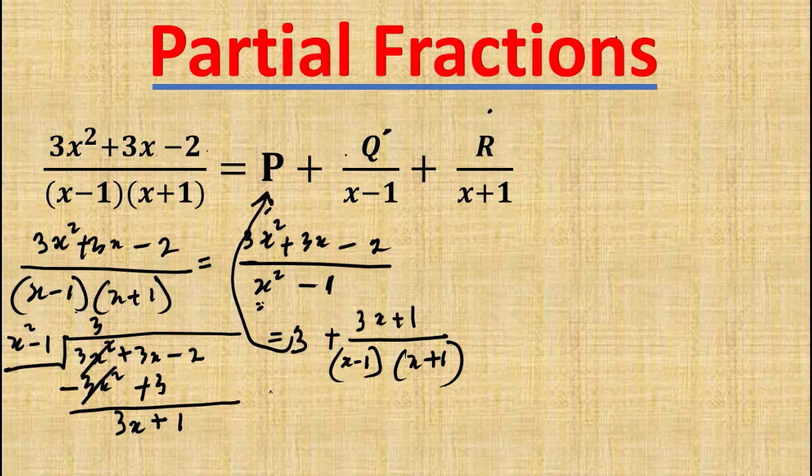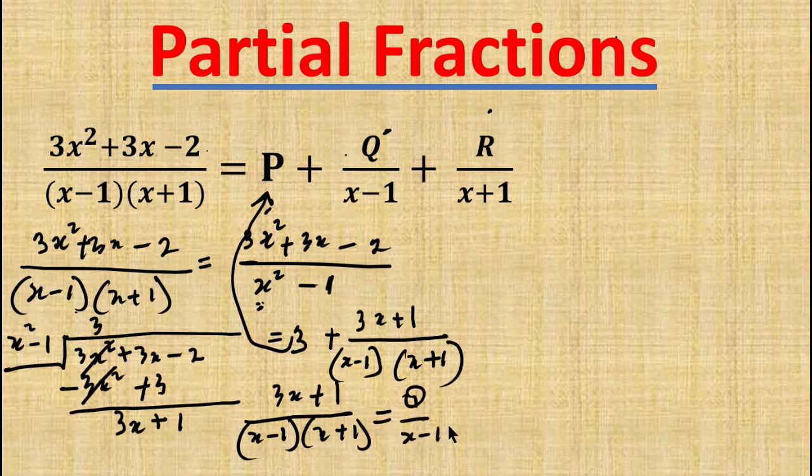So I can easily say my 3x plus 1 all over x minus 1 into x plus 1 will be the same thing as q all over x minus 1 plus r all over x plus 1.